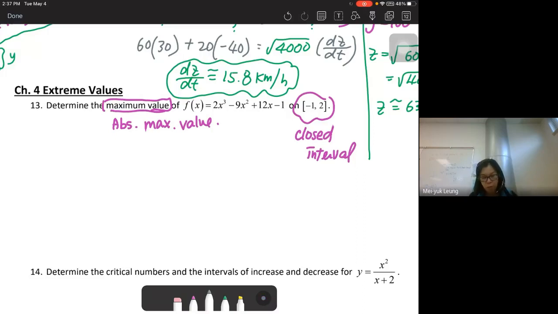So you understand that we have to find the critical number, because the absolute maximum only occurs either at the endpoints or at the critical number. So we have to find the critical number of this function. So quickly find the derivative. You can factor out the 6 from each term.